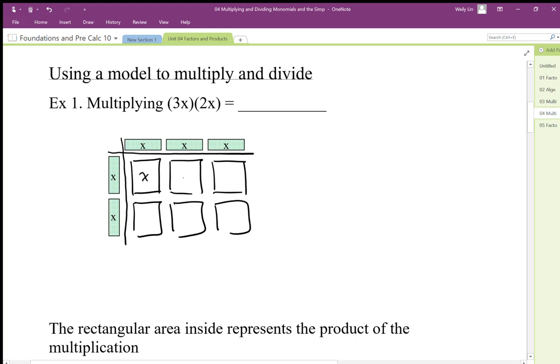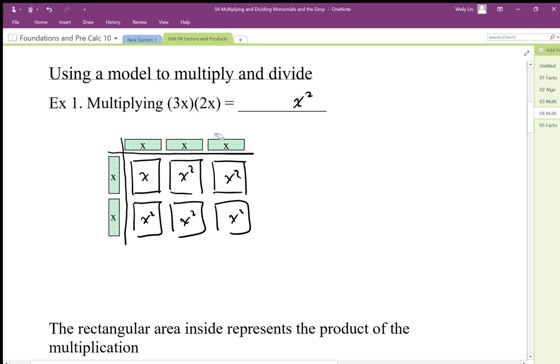So I've got x squared, x squared, x squared. Okay, so we can see that we can multiply the two x's together, x squared, and we can see that because we have 3 x's along the horizontal, and we have 2 x's along the vertical, and that generates 6 of whatever terms that we're going to make with the variable parts.